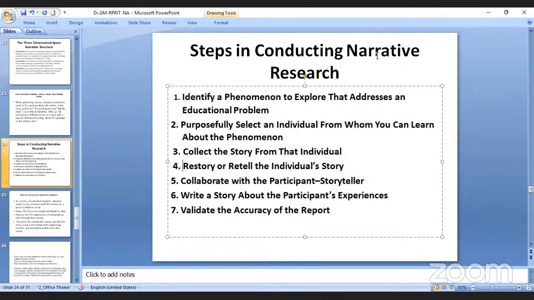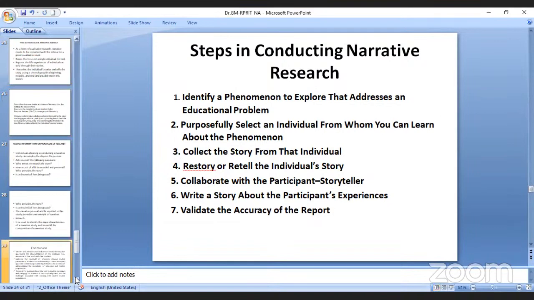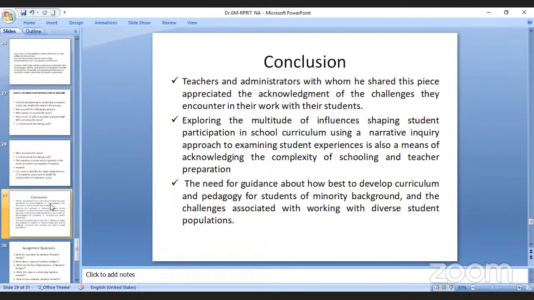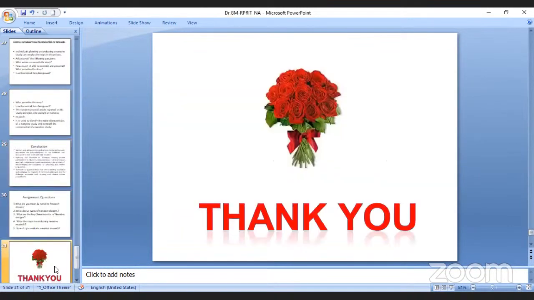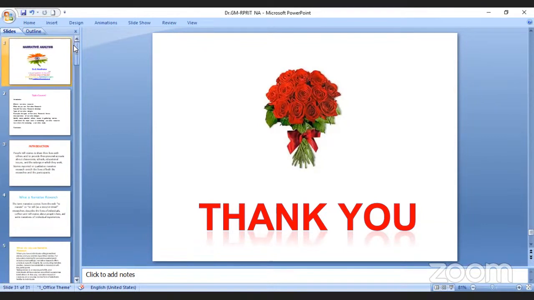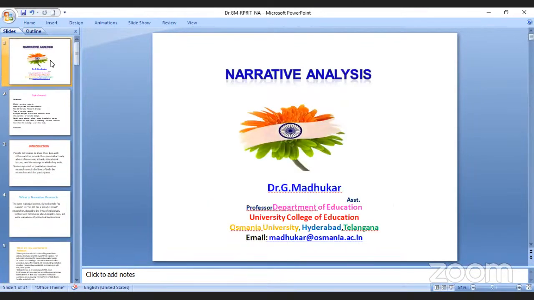Sir, there's another question by Subrata. She is asking how to measure the accuracy of a narrative story. Accuracy. Okay. It all depends on the narration, on the individual participants.